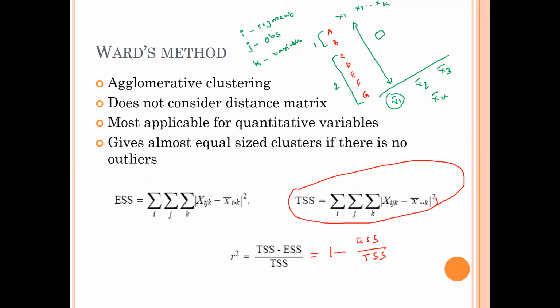Now you are doing the same activity separately. You are not finding it from x double-dot k, but from x_i-dot k. That means you have x11 dash, x12 dash, x13 dash, which is just the mean of A and B, and then x21 dash, x22 dash, and x23 dash, which is just the mean of C, D, E, F, G. So I get x_ik dash and the square of that.